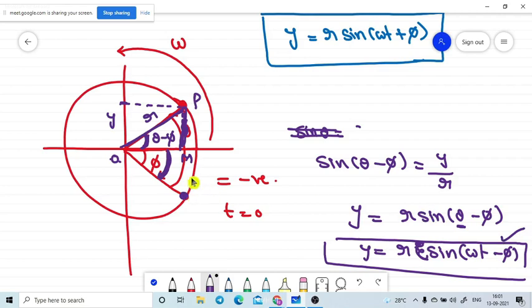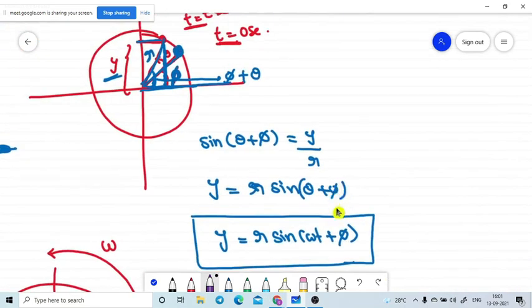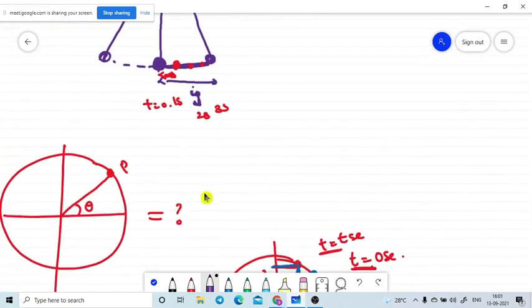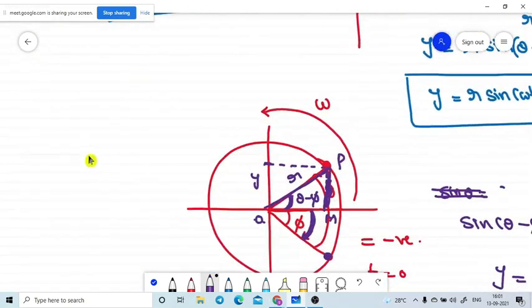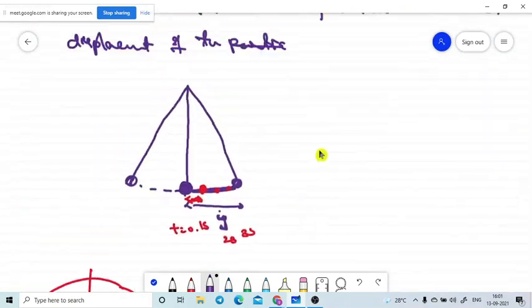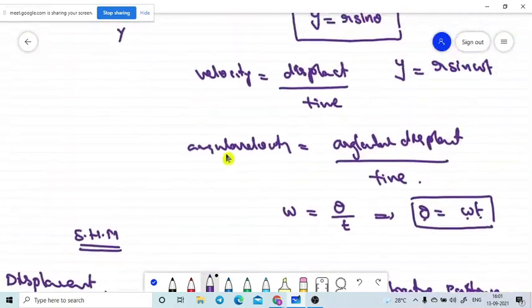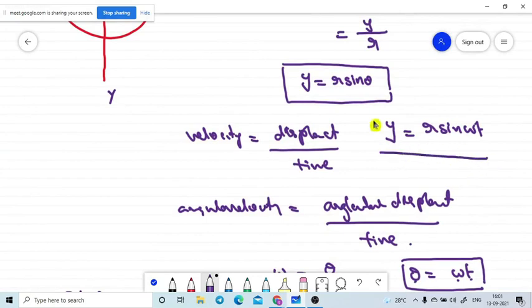Are you getting it or not? Yes. These are the special cases for finding the displacement of the particle.